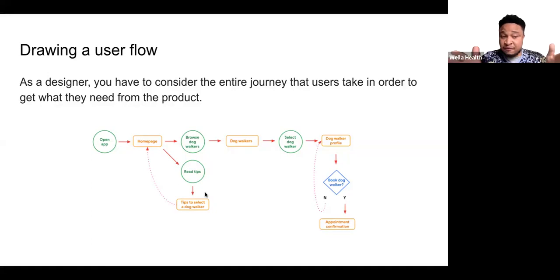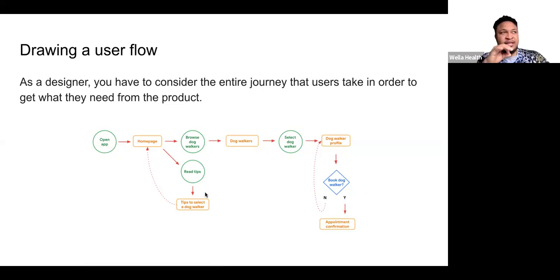And when you see this flow, you will know, okay, this is how it's supposed to happen, and then you start designing for that to happen. You would think that this is not necessary, right?